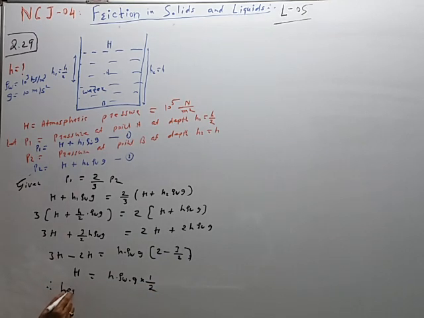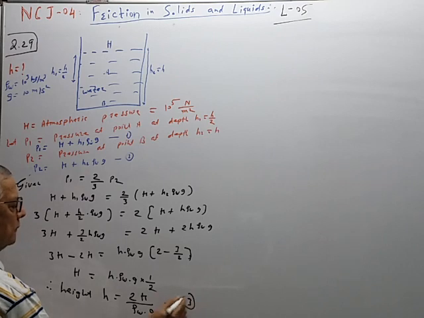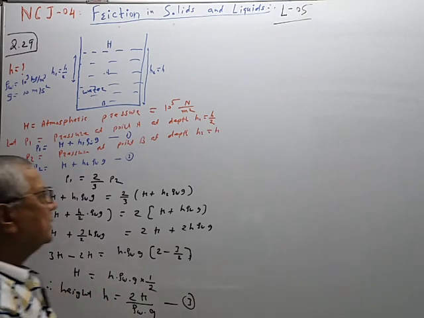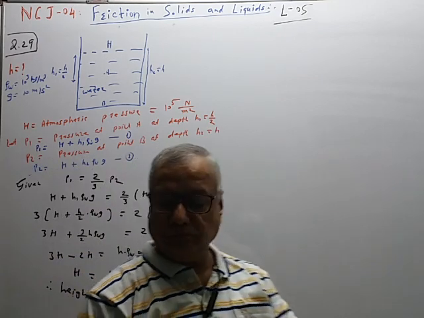Therefore height h is equal to 2 times H upon rho W into G. This is equation 3. So ही value आपल्याला calculate करायची आहे.